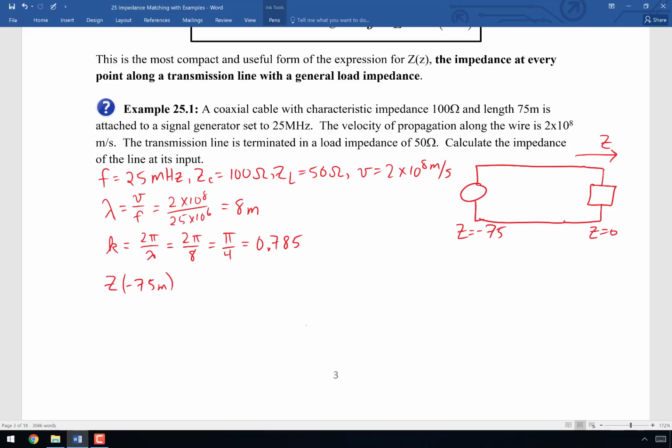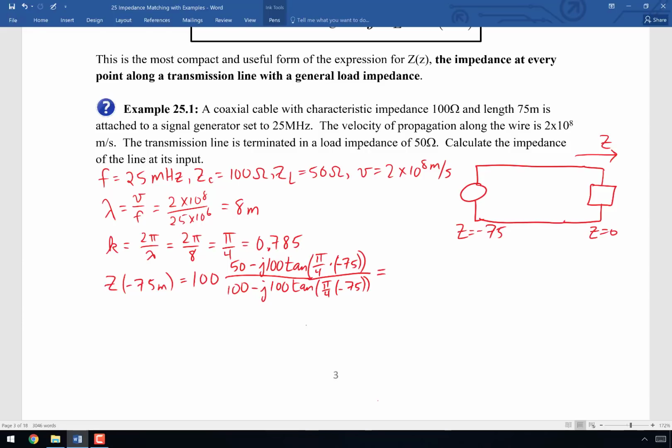And so Z at negative 75 meters is equal to 100, that's the characteristic impedance of the line, multiplied by 50, the load impedance, minus j times 100, the characteristic impedance, times the tangent of pi over 4 times negative 75. And then that's going to be divided by 100 minus j times 100 tangent of pi over 4 times negative 75.